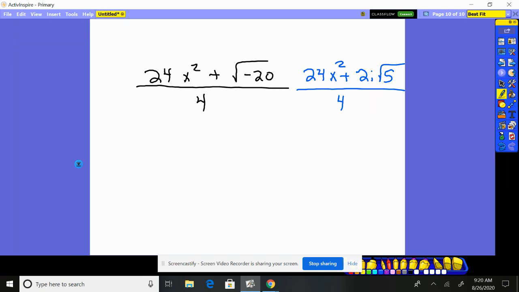So now we take the 24, the 4, and the 2 and say, hey, what can they all be divided by? 2 is the largest thing by which they can be divided. So we're going to divide each of those numbers by 2. This becomes a 12, and 2 divided by 2 is 1. So clean it up. I have 12x squared plus 1i, which is just i, root 5, all divided by 2. And there's our answer for that problem.